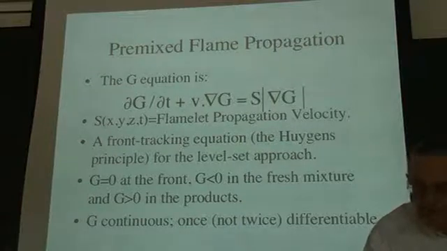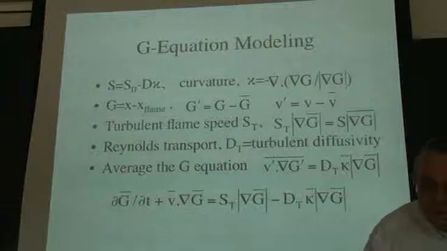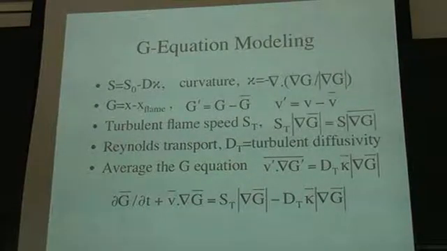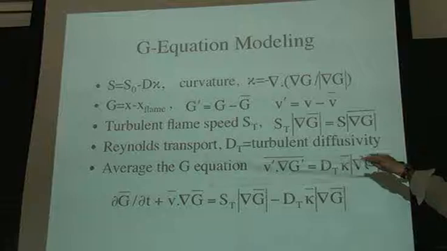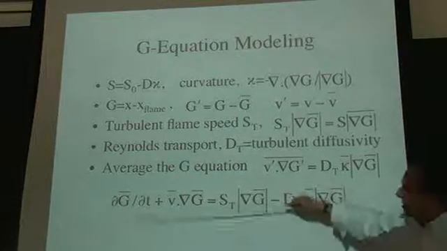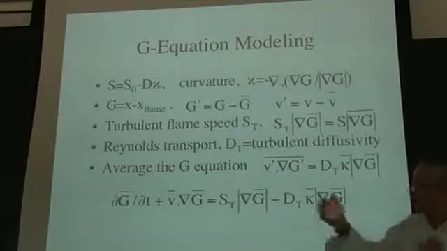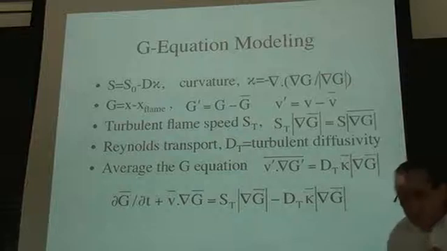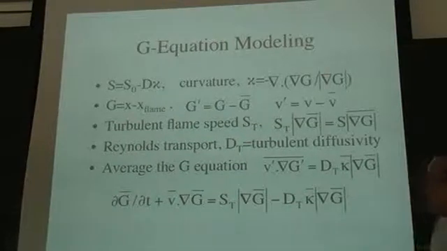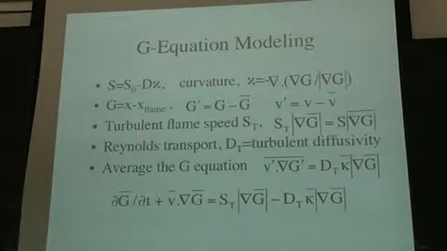So the flamelets are propagating at velocity S. Now, for the turbulent case, ST is, if you like, a turbulent propagation velocity.